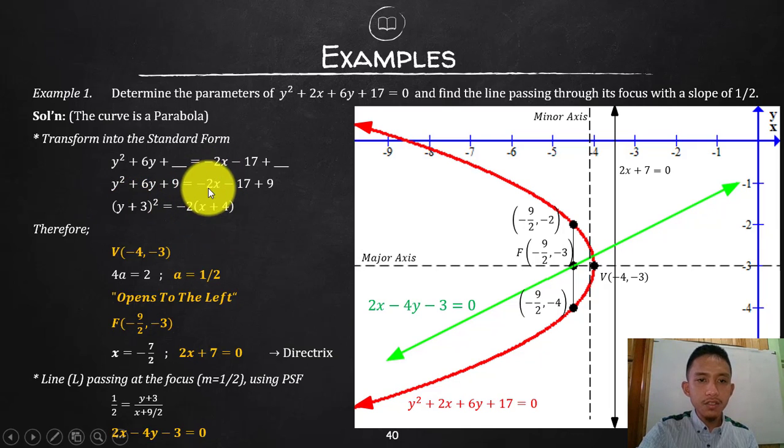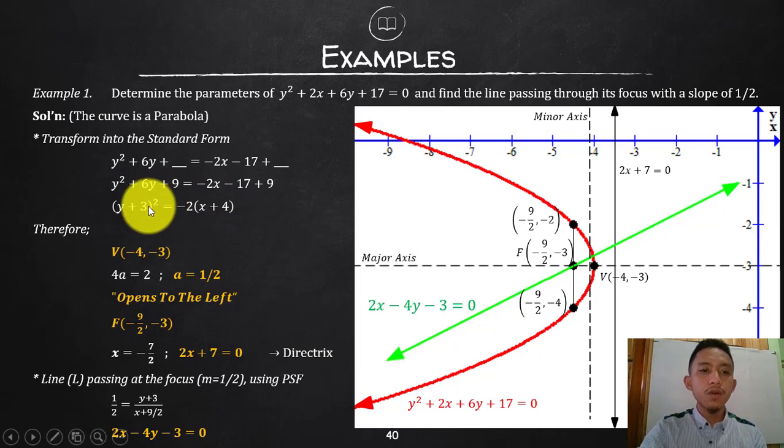So this is negative 2x minus 8. So factor out your negative 2 so that it is x only. So negative 2 will be outside, and that will leave us x plus 4. If you are not sure of that, bring it back, that will be the same.